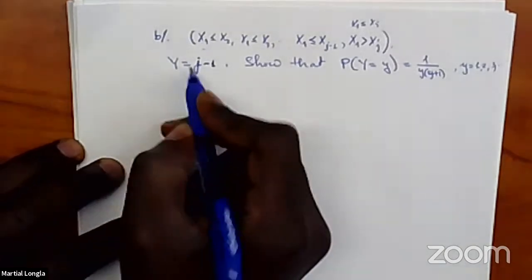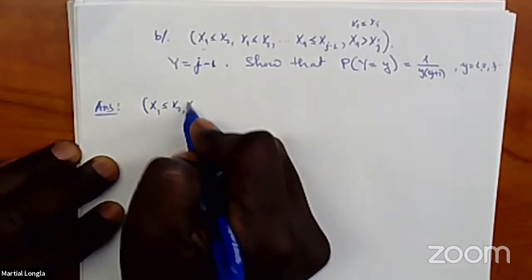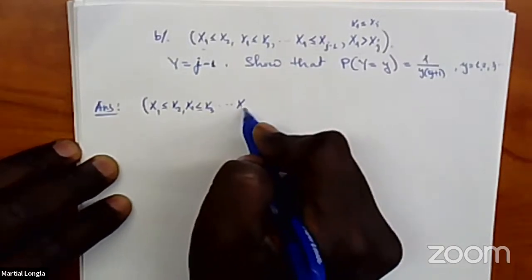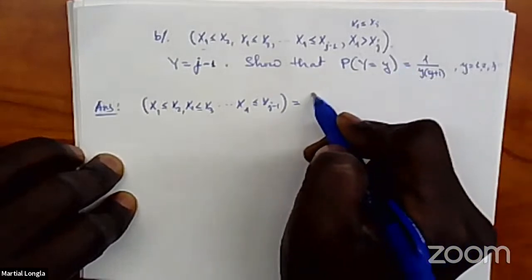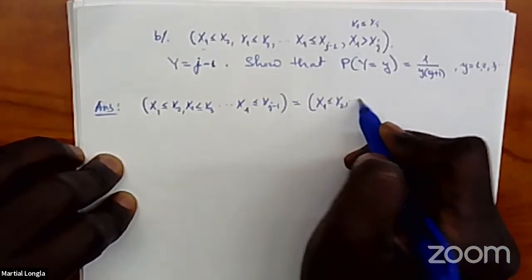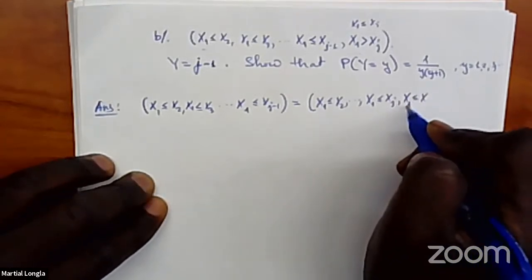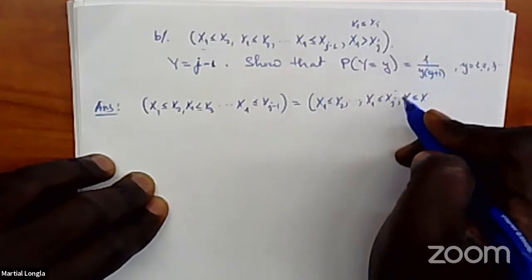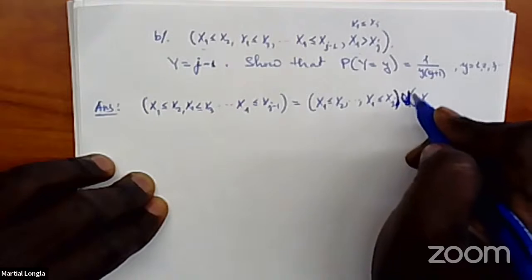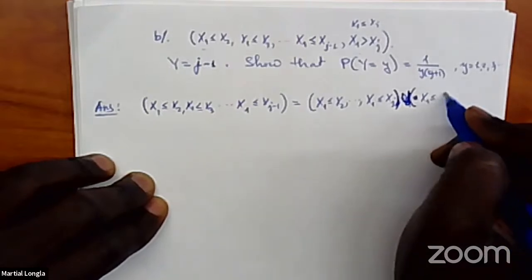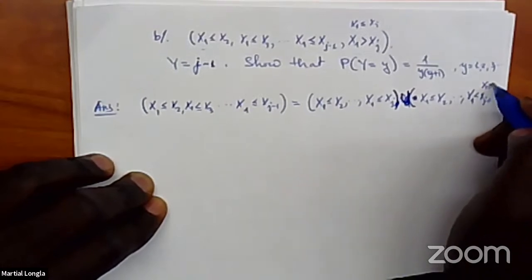So the way to answer this question is to say that the event x1 less than x2, x1 less than x3, all the way down to x1 less than x(j minus 1) is nothing but the event x1 less than x2, all the way to x1 less than xj, union the event x1 less than x2, and so on, but x1 is larger than xj.